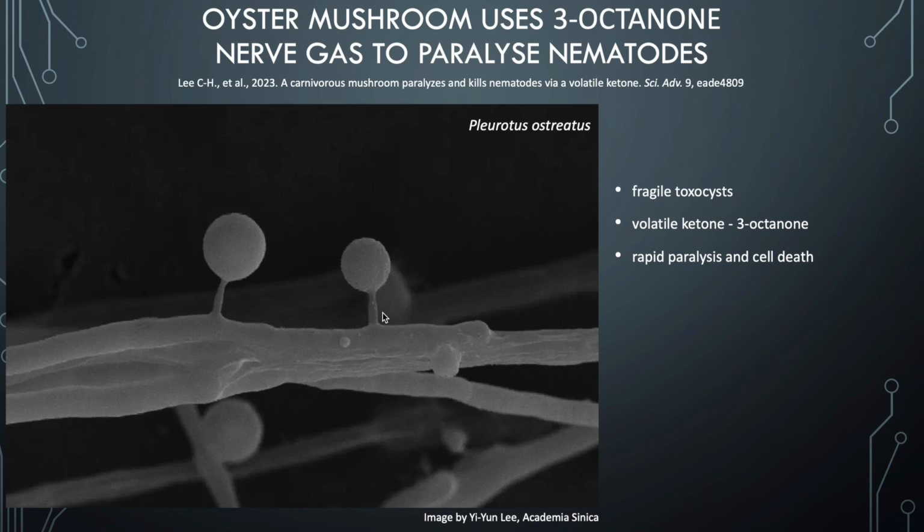So basically the nematode is rapidly immobilized and killed, and then the hyphae of Pleurotus ostreatus, which is our oyster mushroom, grows throughout the nematode and consumes it. And this is just a mechanism that Pleurotus uses in order to gain extra nutrients from its nitrogen-poor environment.